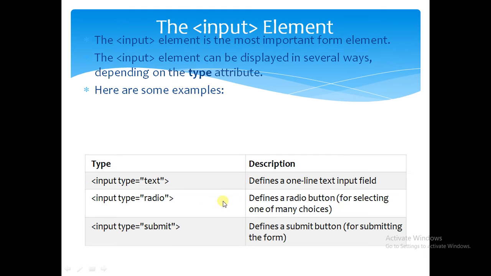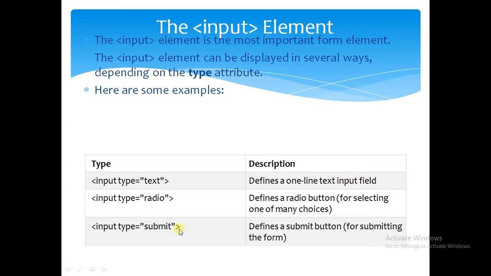Next, input type equal to radio defines a radio button for selecting one of the choices. Suppose that we are creating an MCQ type question. There are 4 options A, B, C and D, but we can select any one at a time. So it means that we are using a radio button.